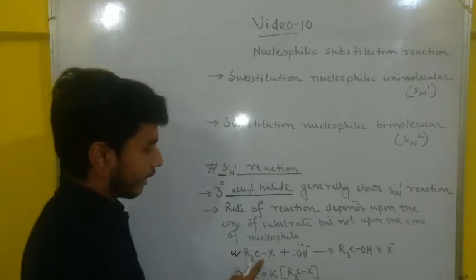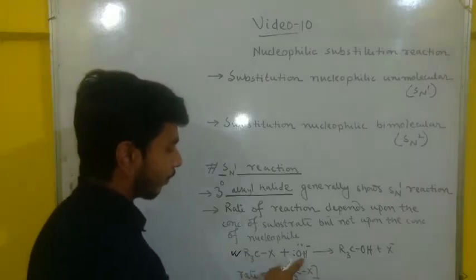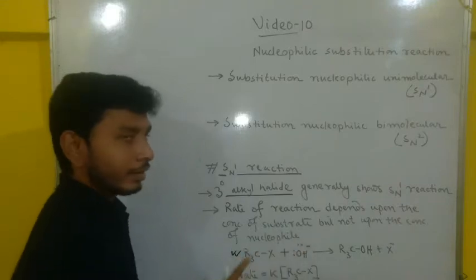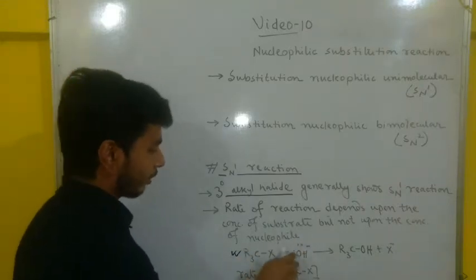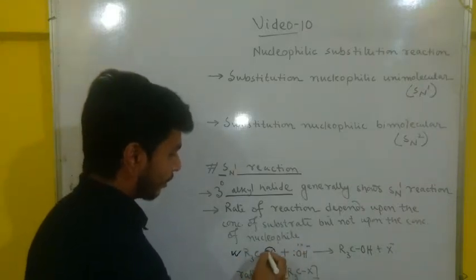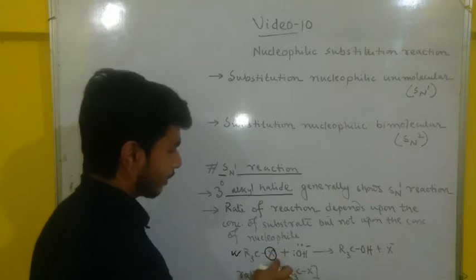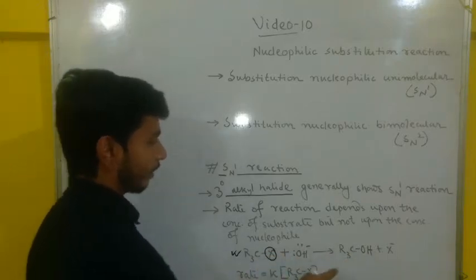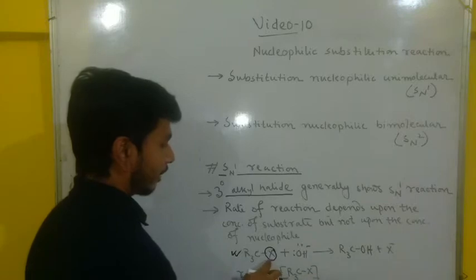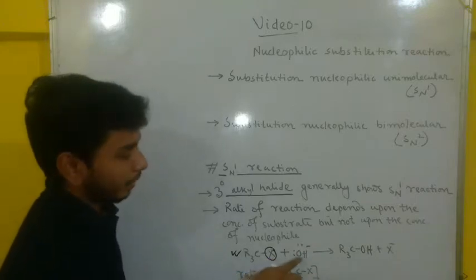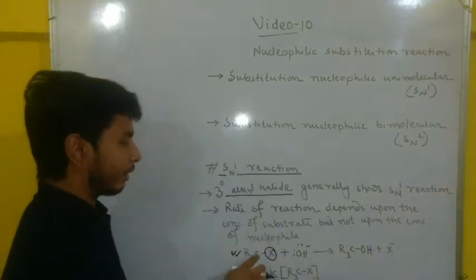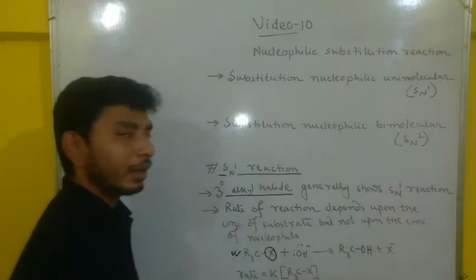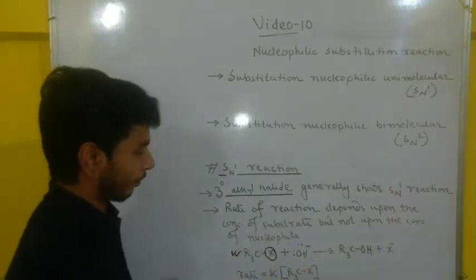The 3-degree alkyl halide reacts with a nucleophile, OH minus. After this reaction, the halogen group is substituted by the nucleophile. That is, it is a nucleophilic substitution reaction.